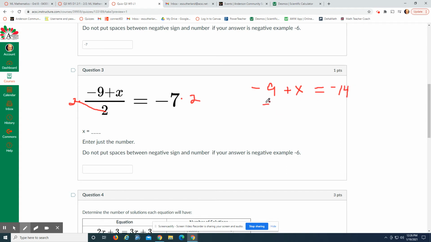We're going to add 9 to both sides. Those will cancel. X drops down. It's equal to negative 14 plus 9, which is negative 5. Again, you can use the calculator if you'd like. So we type in negative 5.